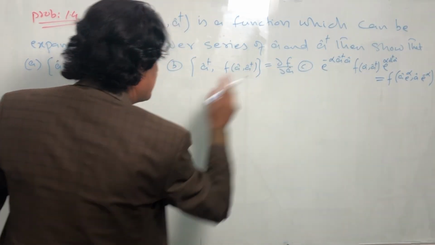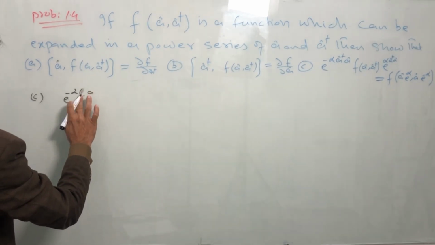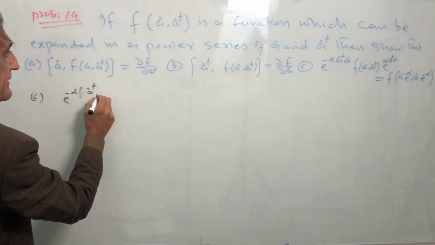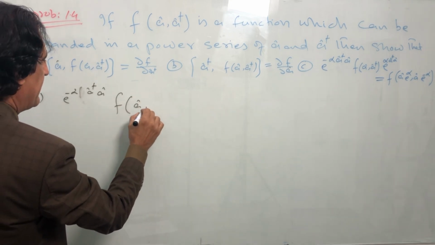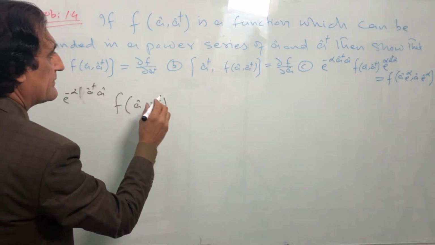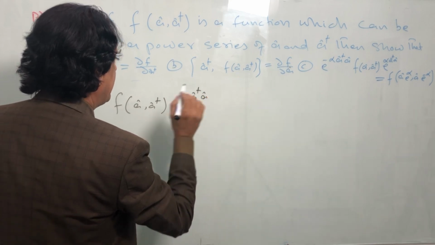The third part is e to the power minus alpha a dagger a, f of a, a dagger, e to the power alpha a dagger a.